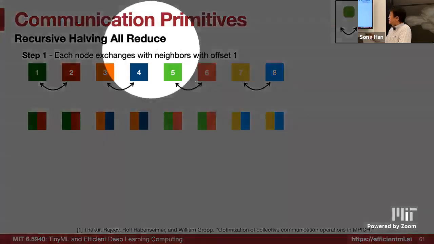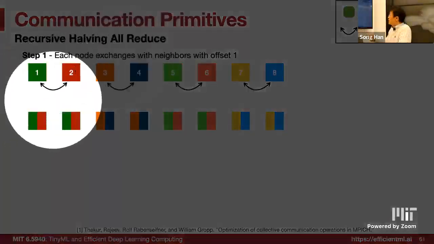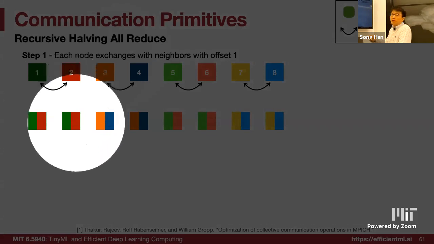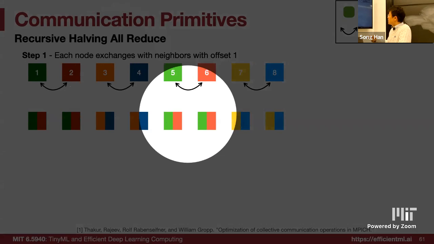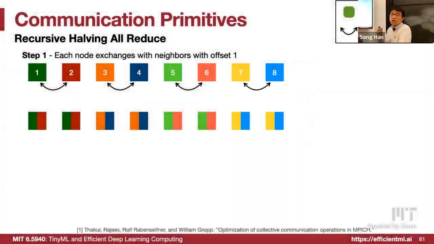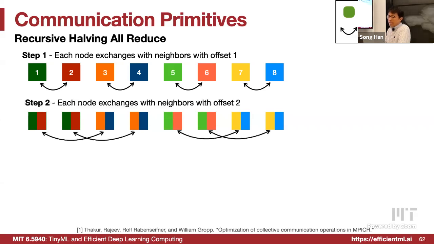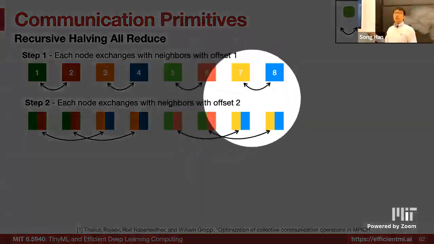And as a result, node 1 has both the green and red. Node 2 also has green and red. Node 3 has blue and orange, etc. So just after 1 cycle, everybody has communicated with its neighbor with offset 1. Step 2, each node will exchange with neighbors with offset 2.